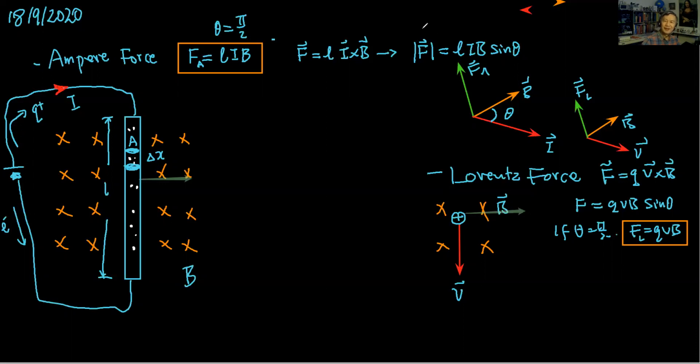So basically, I use the arrow to represent the velocity. All these positive charges are moving with the same velocity. Of course, in this ideal case, you can call it effective velocity.